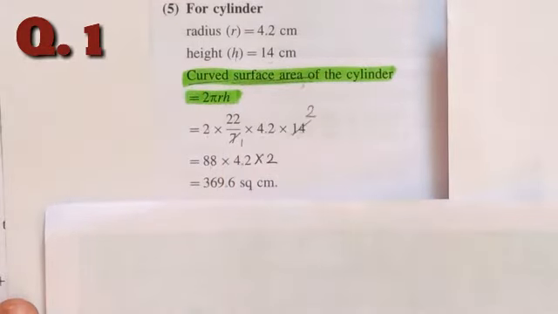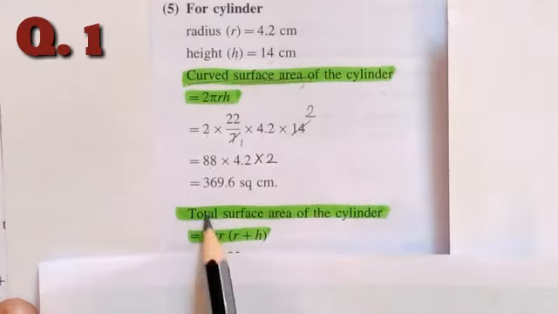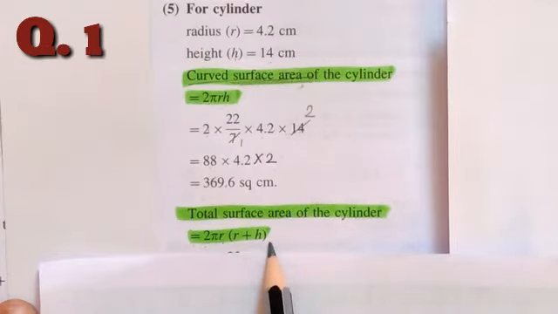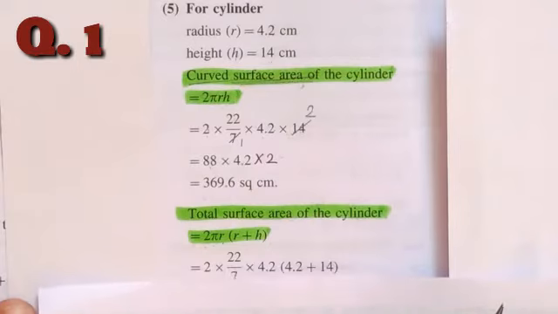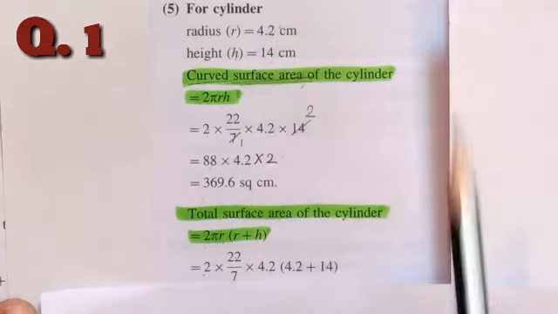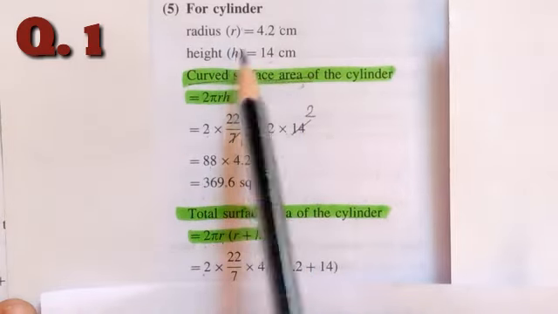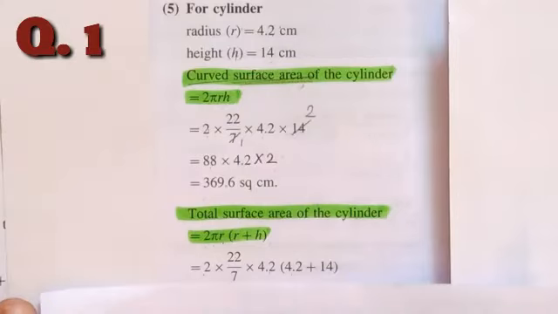Now let's find out the total surface area. Before that we have to write the formula. Total surface area of cylinder is equal to 2 pi r into bracket r plus h. Let's put the values. 2 will be as it is, multiply with pi, it means 22 upon 7, multiply with r, it means 4.2, which is given here only, and into bracket we have to write 4.2 plus 14, that is nothing but the r and h, addition of these two numbers.